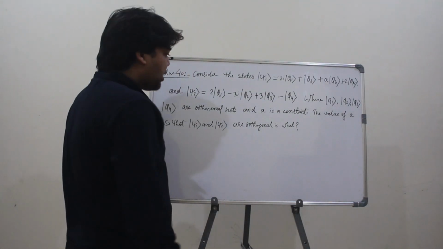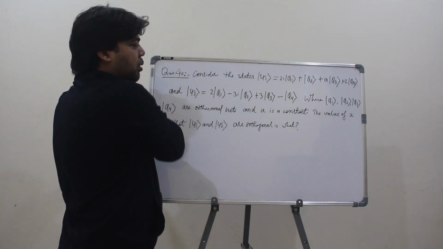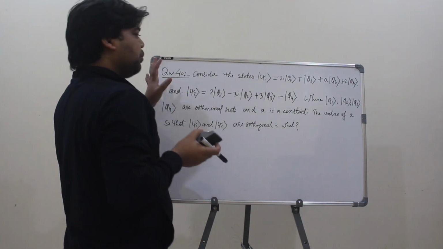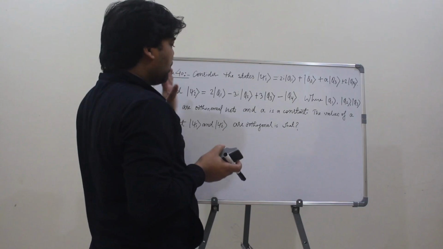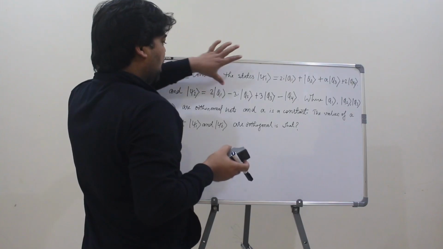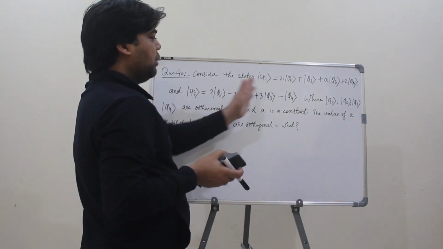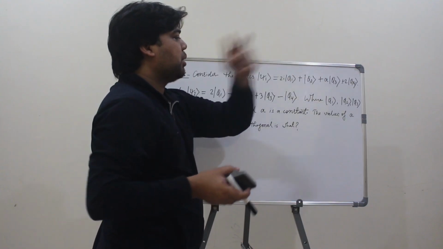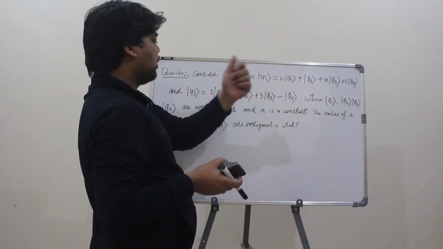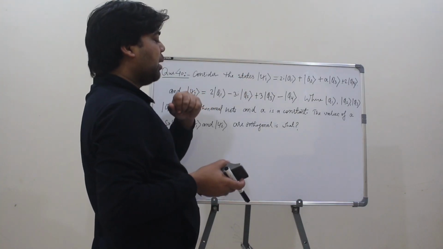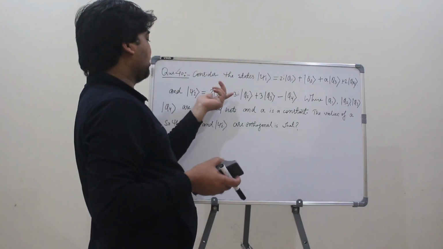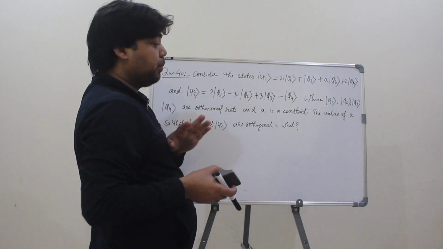Here, let us discuss another interesting problem related to this product of brackets. This is a simple problem, and it says: consider the states psi 1, which is 2i phi 1 plus phi 2 plus A phi 3 plus 2 phi 4, and psi 2, which is 2 phi 1 minus 3i phi 2 plus 3 phi 3 minus phi 4. So two states, psi 1 and psi 2, are mixes of states phi 1, phi 2, phi 3, phi 4.